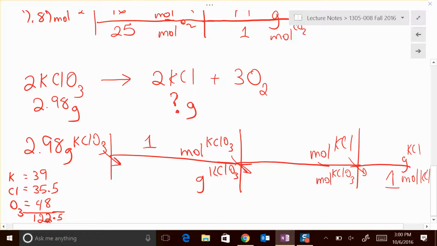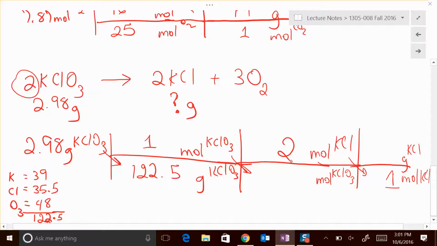No, it's fine. You can keep all the decimals. I thought you would have to multiply the KCl by 2 since you have 2 KCl. Good, you don't. I'm glad you brought that up because that happens all the time. You don't do that because guess what I'm going to put right here? 2.